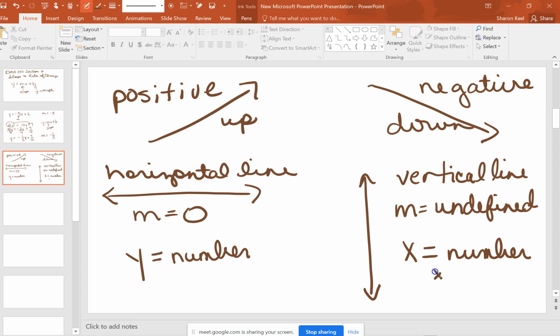These you cannot put on a calculator because we don't have an x equals button, but whatever the number is, the x value is going to be that same number. Your y can be any value that you want it to be, but the x's are all the same.